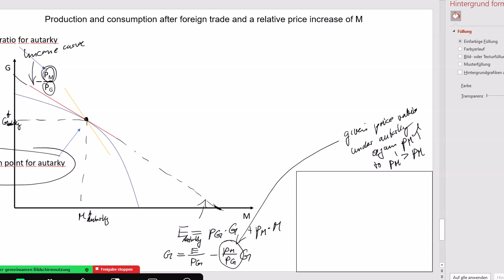And why? If you think of your microcourse, there you had your budget line, and this was your optimal indifference curve. And if we now change here the slope, this was M over P2 and E over P1.